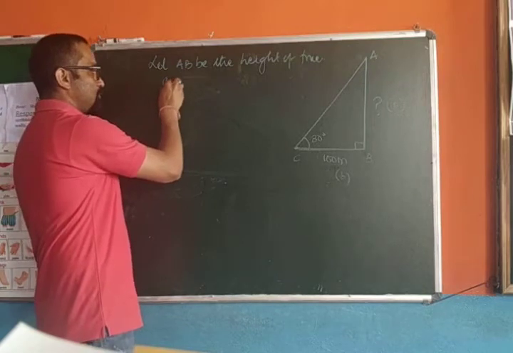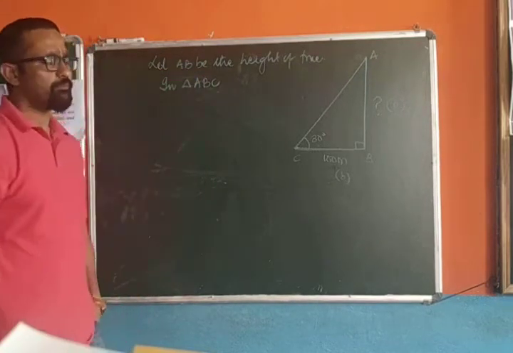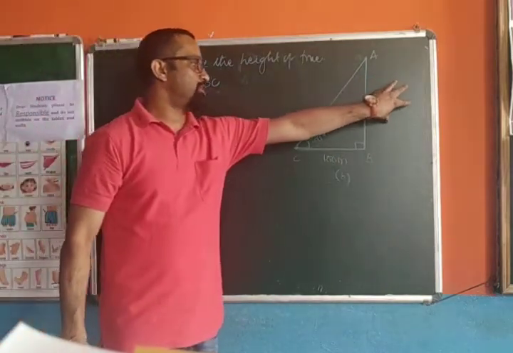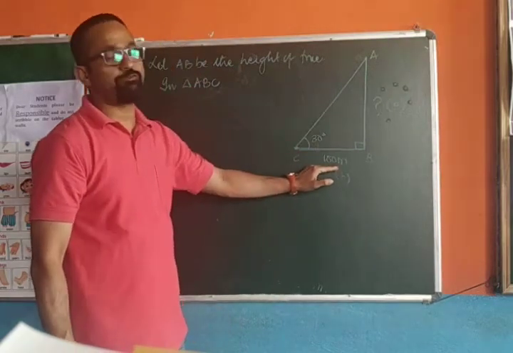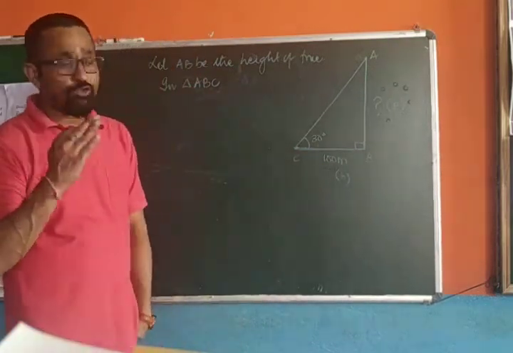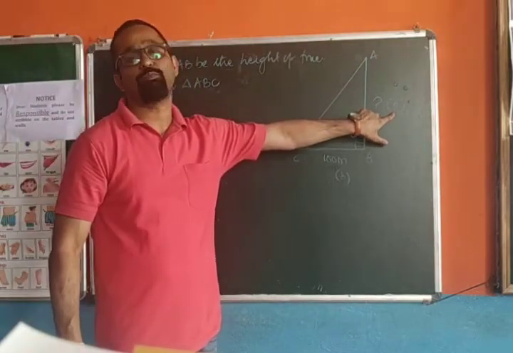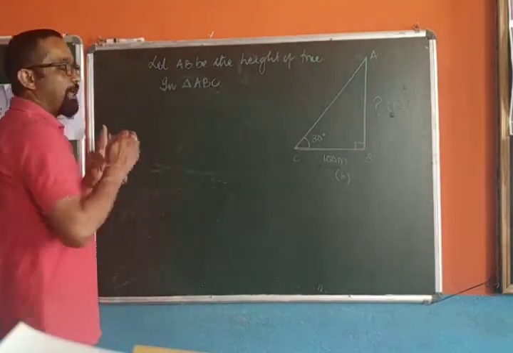Now we use triangle ABC. It is a right angle triangle. If you look at this, we do not know the perpendicular, the height, and the base is given. You need to understand which trigonometrical ratio has perpendicular and base. There are 3.